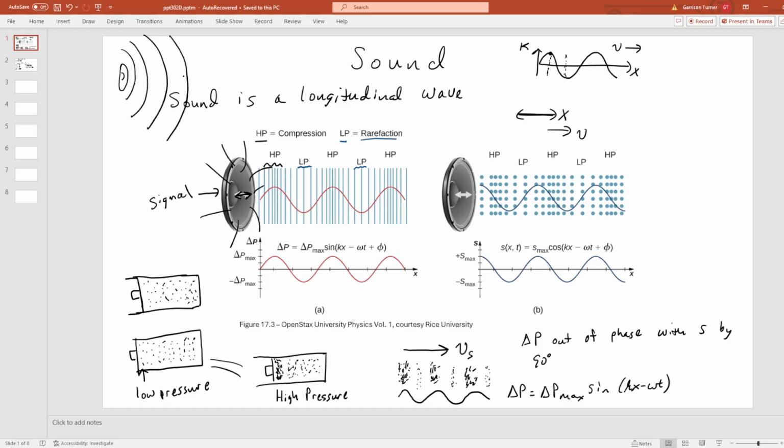As these shells expand, their surface area is going to increase. And as we will see in just a moment, because the surface area is increasing, the intensity is going to decrease. What we perceive as intensity is volume. What our ears perceive as intensity is volume.